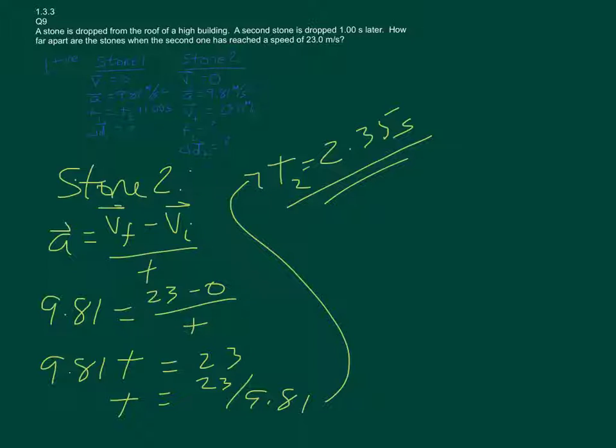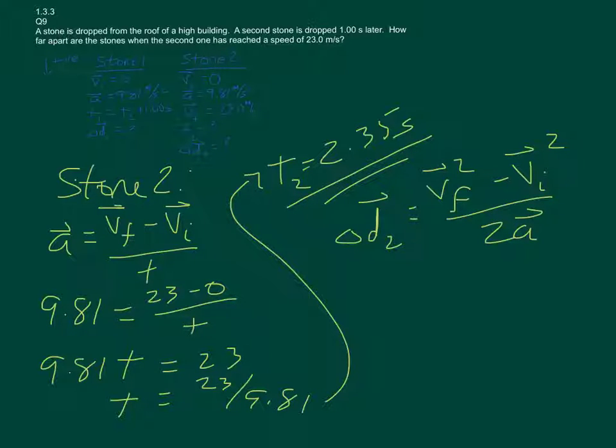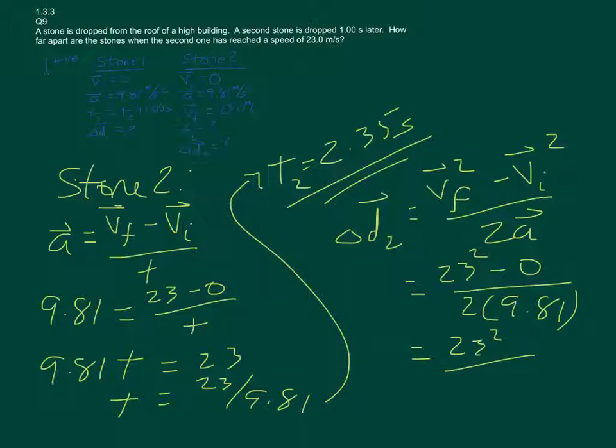Displacement, we can use the VF squared formula. So D2 is VF squared minus VI squared all over 2A, which equals 23 squared minus 0 all over 2 times 9.8, which equals 23 squared over 19.6.